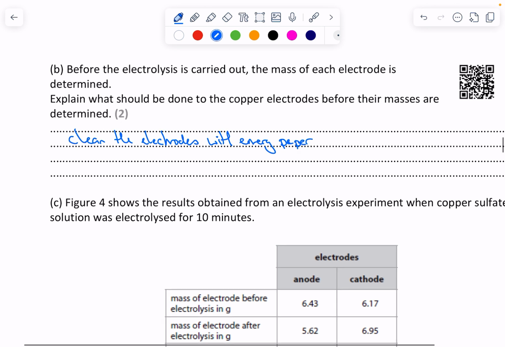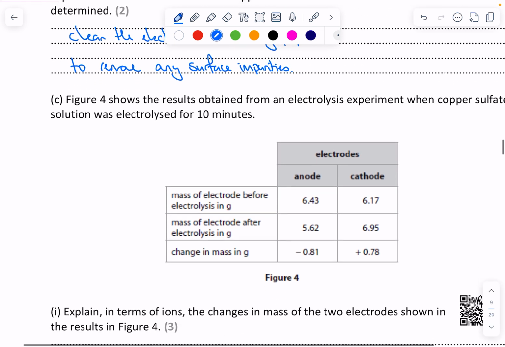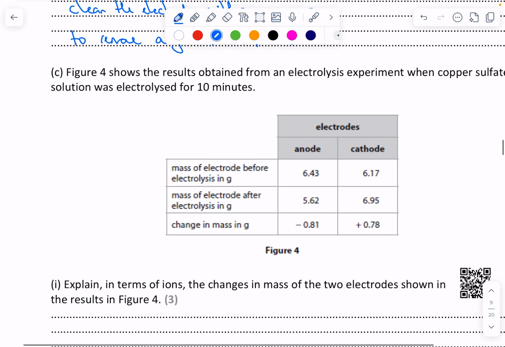And they want us to explain why, so that is to remove any surface impurities, anything that could get in the way of making the circuit. 1 mark for each of those.